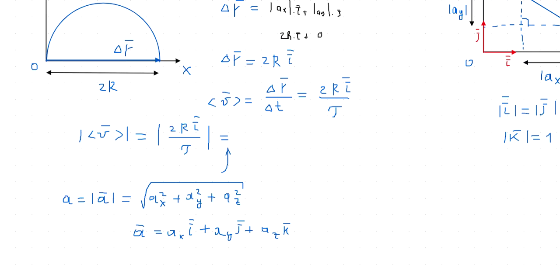We can rewrite this in such a way: 2r i divided by tau plus 0 multiplied by j plus 0 multiplied by k. Okay, does it help with understanding?